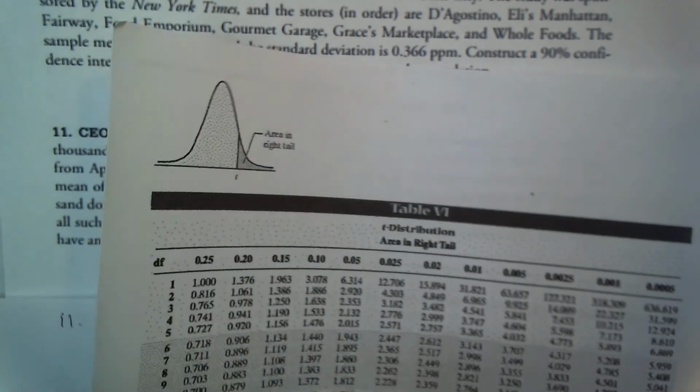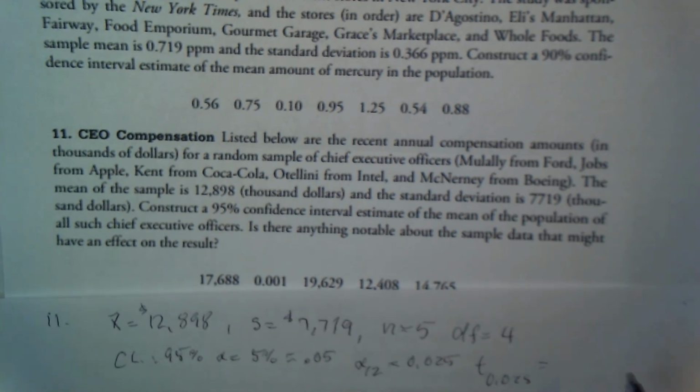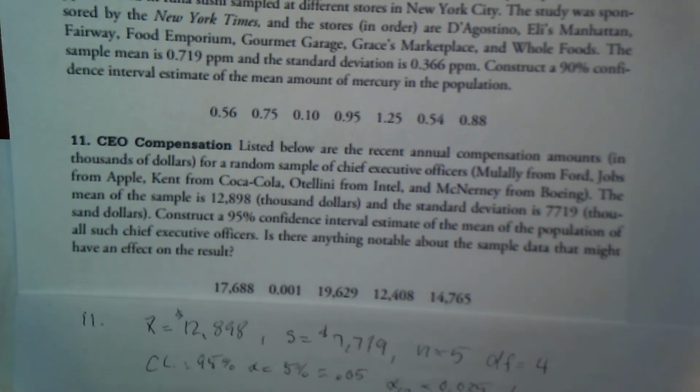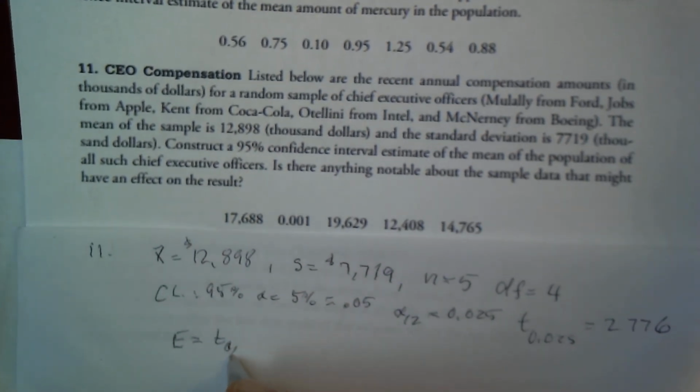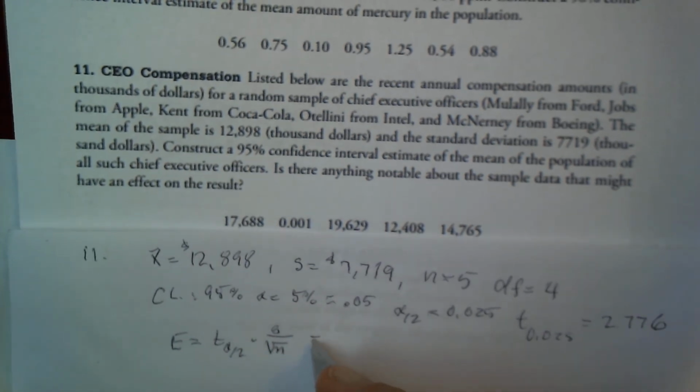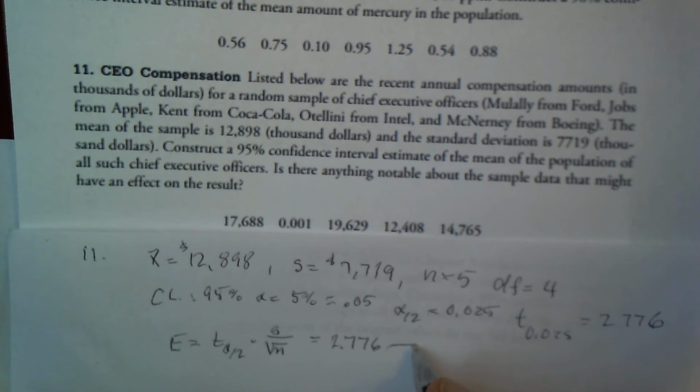So that's our t sub alpha divided by 2. Therefore, our margin of error is equal to t sub alpha divided by 2 times s divided by the square root of n. So that becomes 2.776 times 7,719, our standard deviation, divided by the square root of 5.